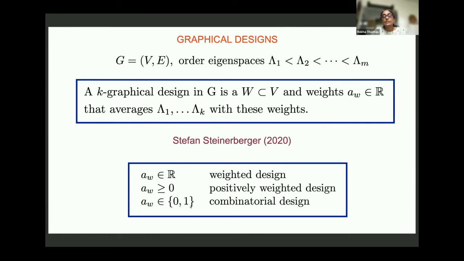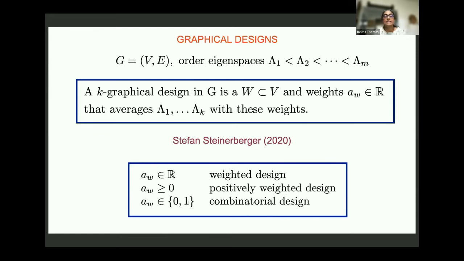Now 0, 1 weights are of course very nice, and they happen in very symmetric examples. You will find small designs with 0, 1 weights, but they don't always exist. Whereas you will see later that positively weighted designs will exist for every value of k. And positive weights are definitely more attractive than arbitrary weights in this business.